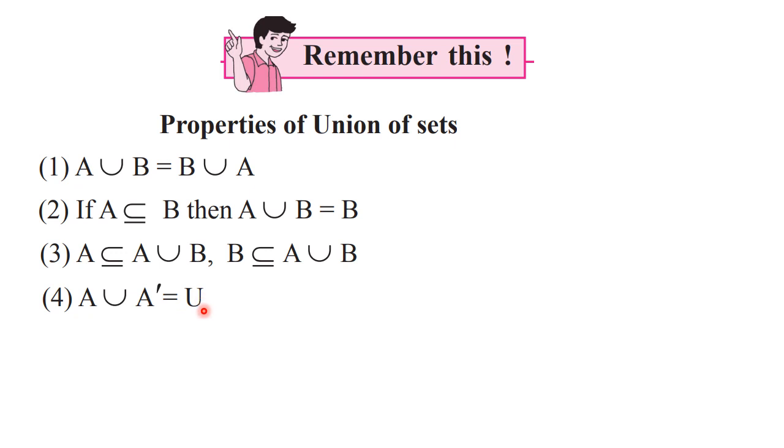We have seen in the previous example, okay, that A complement and A, their union is what? Universal set, because together they give us the universal set. Next, the union of a set with itself is the same set. So A union A is A only. Then A union null set is the same set, that is A.